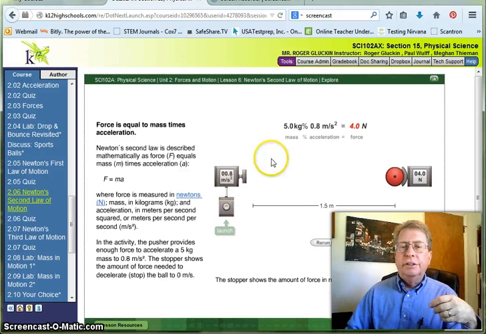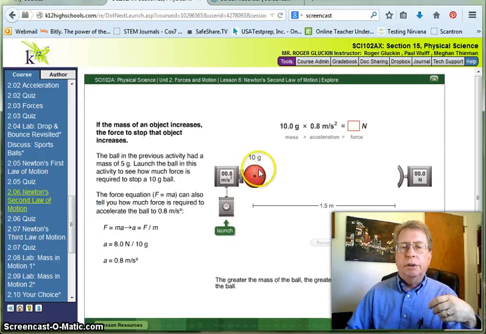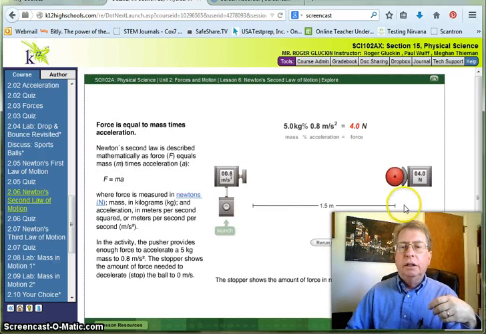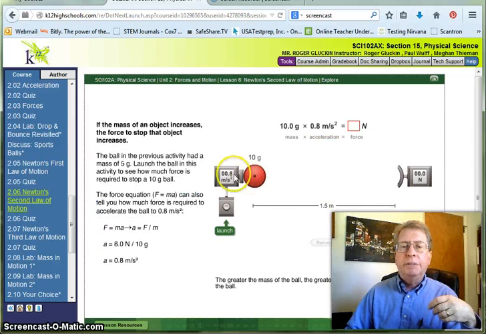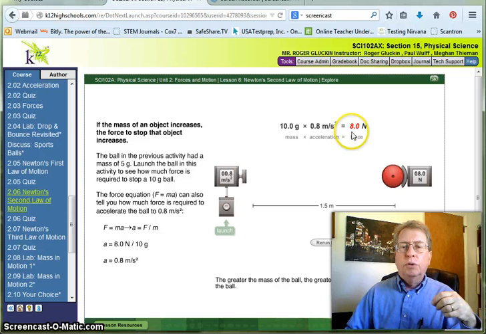There's the amount of force that this object had. Okay, let's reset this. The amount of force needed to stop it, 4 newtons, okay? Well, let's try it with a larger object, okay? Here we had a 5 kilogram object. Here's a 10 kilogram object. And let's launch that. And we can see how much force is there compared to the first one.